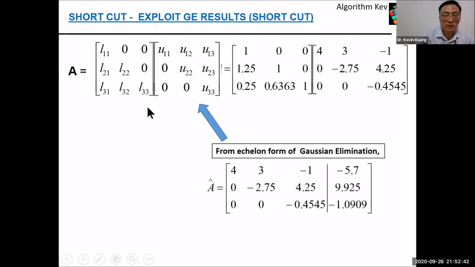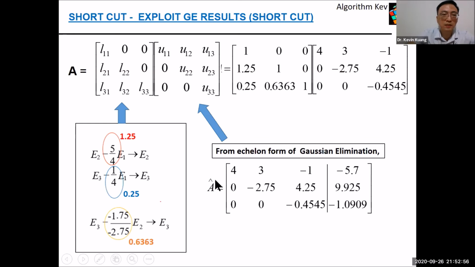What about this L matrix? Are we able to obtain some information from the Gaussian elimination result to help us find the L matrix? Now, surprisingly, if you recall during the process of getting into the echelon form in the Gaussian elimination, we had to determine certain fractions, certain ratios, all right?